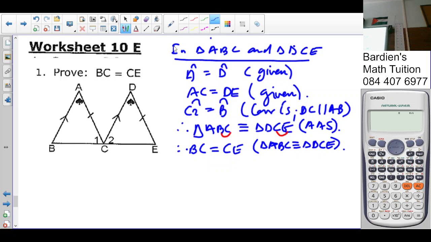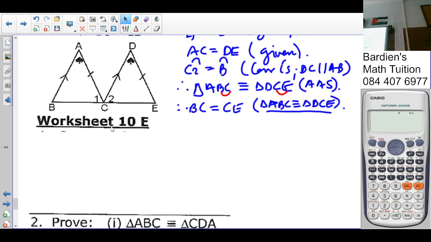The last reason there is not needed. By saying that triangle ABC is congruent to triangle DCE, you can just say in conclusion that BC is equal to CE. Okay, guys, okay with that? You don't have to say this part. Okay, but you'll see me say it often. But you won't be penalized if you don't say it. Okay? You all okay with that? Right? Who got that one right? Okay.